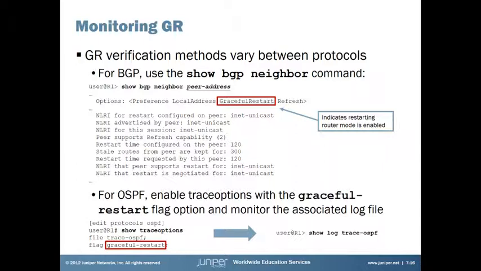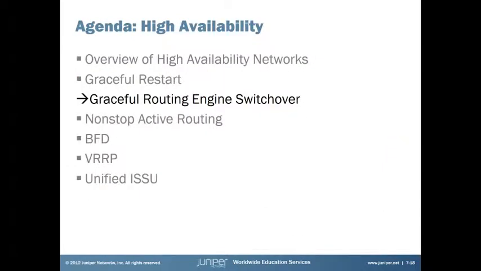For OSPF, we can enable trace options with a graceful restart flag, and then we can see that in our trace options. Okay, so that's graceful restart. Had a look at that, what it does, the fact that we have to go and enable the restarting router, but the helper is enabled by default.